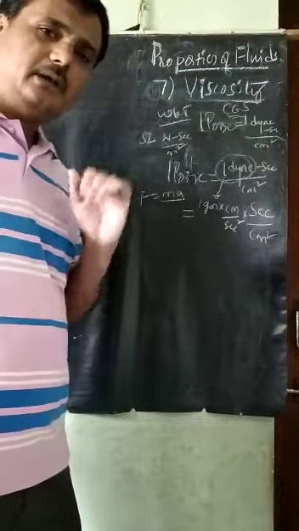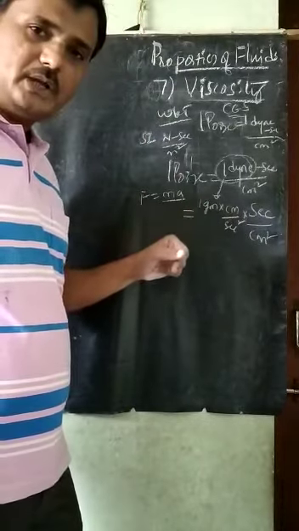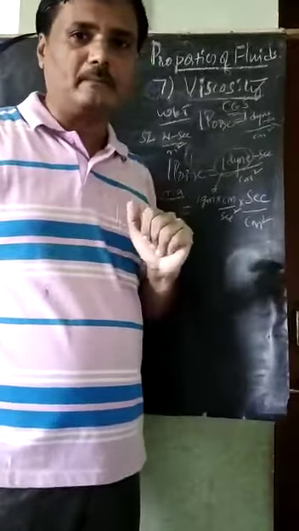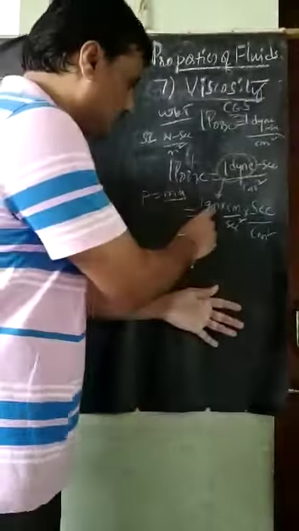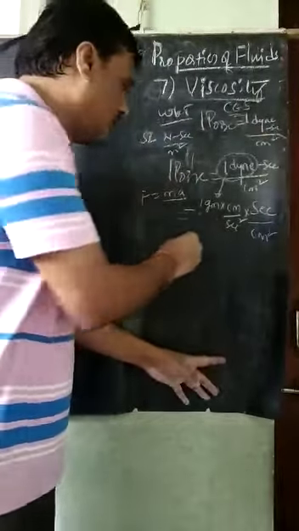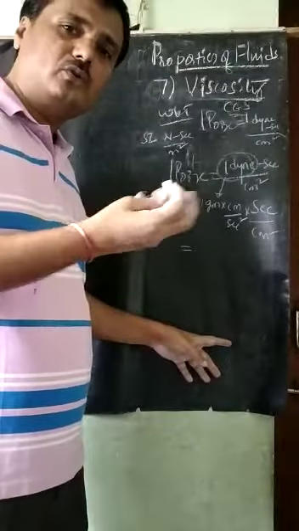Next, I will convert this into MKS units, because MKS and SI are almost the same. So therefore the gram, if I convert this gram into kg, what has to be done? 1000 grams is equal to 1 kg.